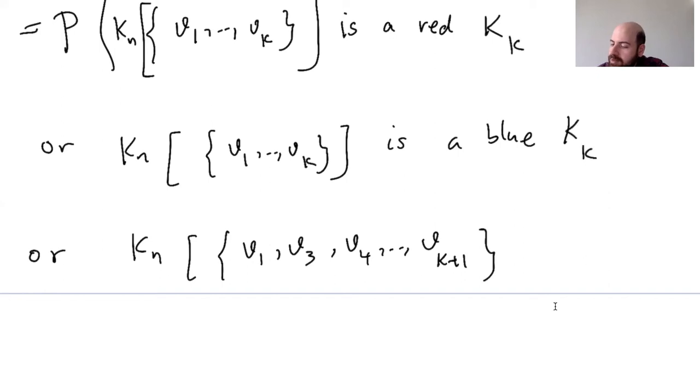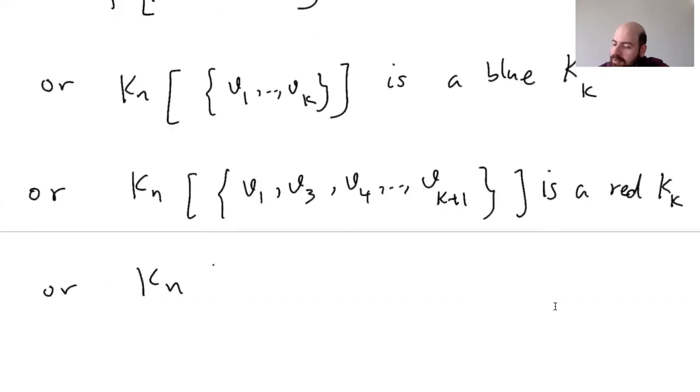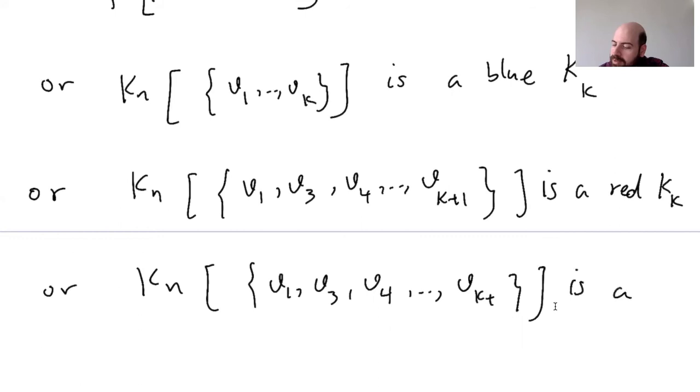So this can be a red KK, or Kn of V1, V3, again the same thing, V K plus 1 is a blue KK.